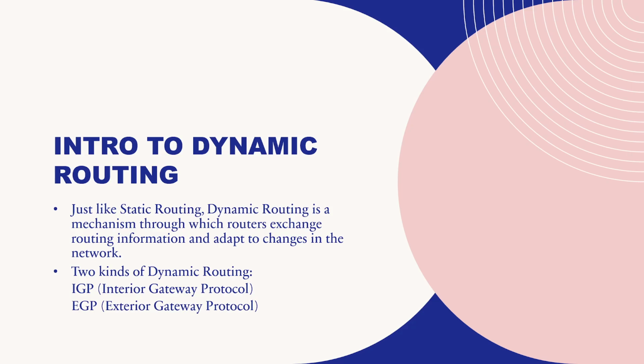So two kinds of dynamic routing. The first kind is IGP, which stands for Interior Gateway Protocol, and the second kind is EGP, which stands for Exterior Gateway Protocol. There are more protocols under both of these categories. The one category that I've worked the most with is IGP.